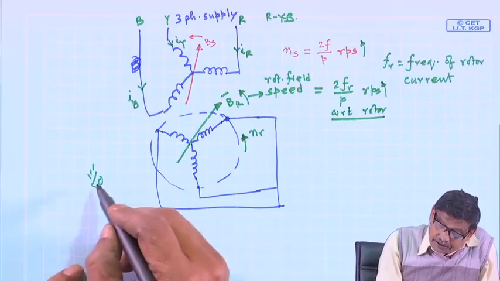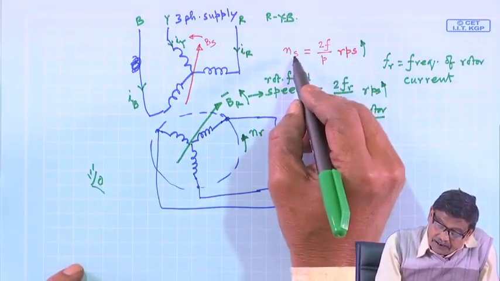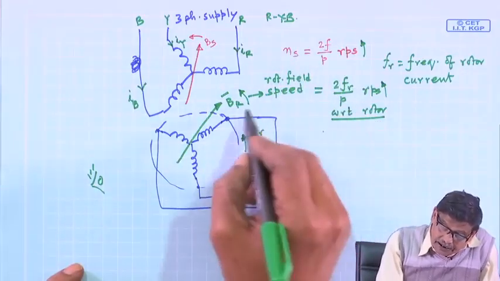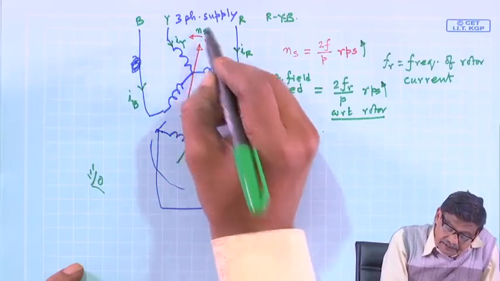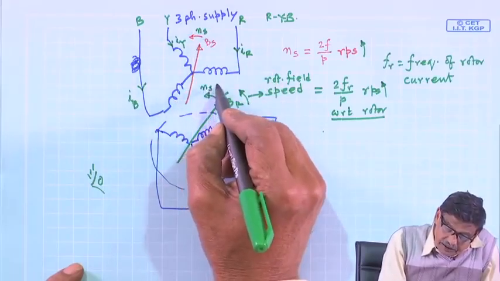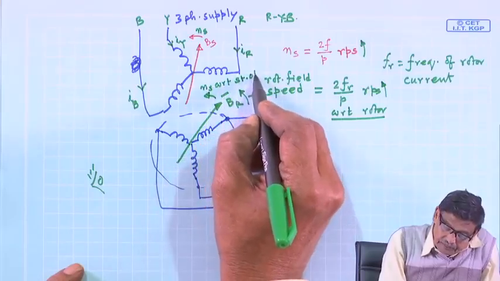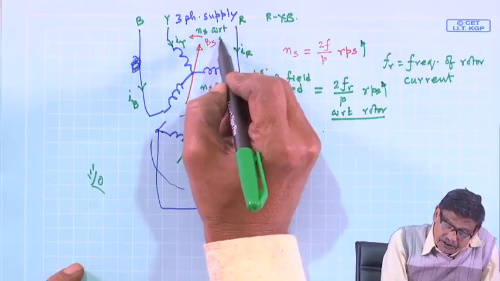But with respect to the stator, this speed will once again be ns. So this is also ns with respect to a stationary observer.